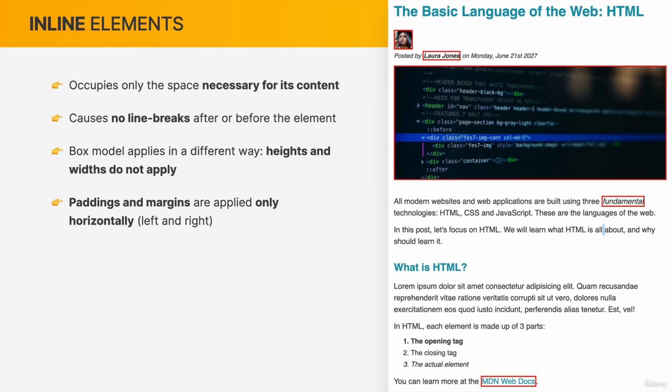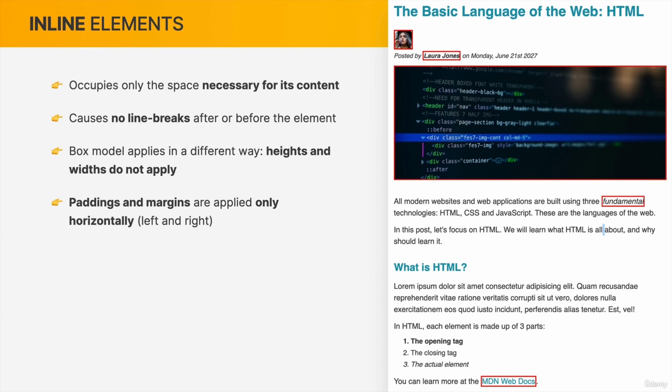So for inline elements, the height and width properties do not have any effect. Also, paddings and margins are only applied horizontally, or in other words, on the left and right sides, but not on the top and bottom.